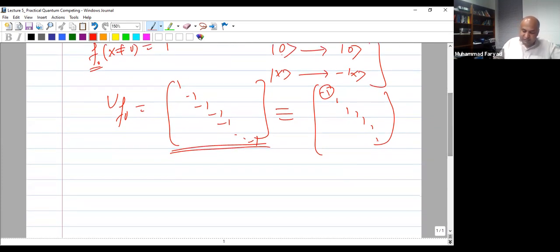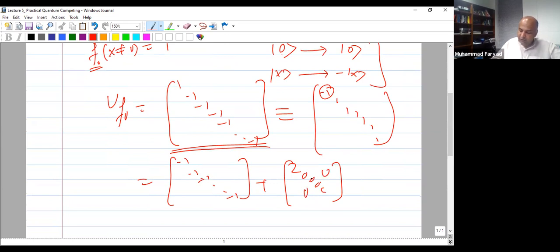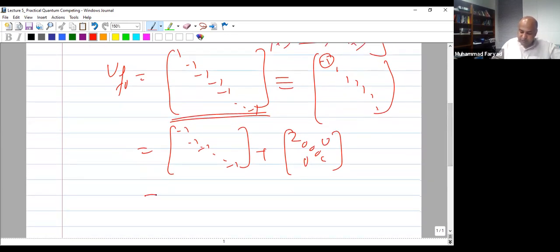So if this is this, I can write this matrix like this. Let's say I just multiply this also with -1. So -1, -1, -1, and then I will have to add 2 here and 0, 0, 0, 0 all the way. So this is nothing but minus identity plus 2 times the 0 state, because this index represents the 0 0 state.